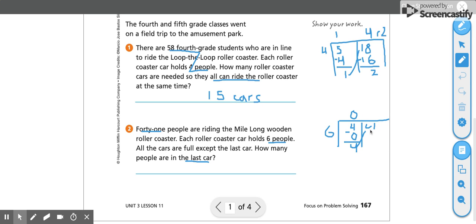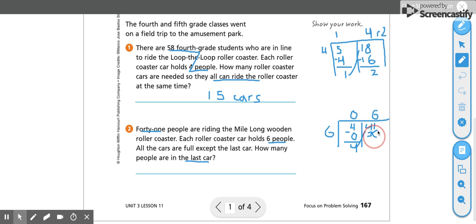All right, so how many 6s go into 41? Well, I know that 6 times 5 would give me 30. So it's more than that. 6 times 6 would give me 36. But 6 times 7 would be too big. So we're going to say 6. And 6 times 6 is 36.